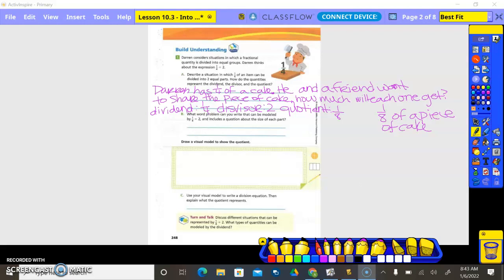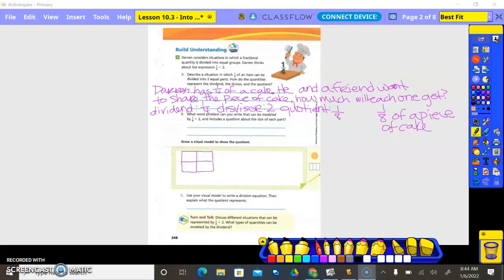Okay, but they want us to draw a visual model to show the quotient. So basically, we would have our big box again, right? We would divide it into 4 pieces because that big box is the whole. We divide it into 4 pieces, and then what do we divide one of those 1/4 pieces into? 2.